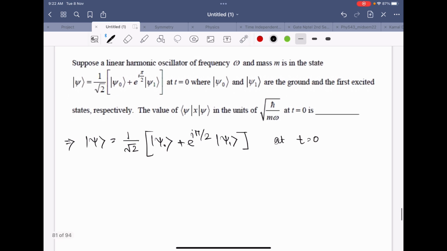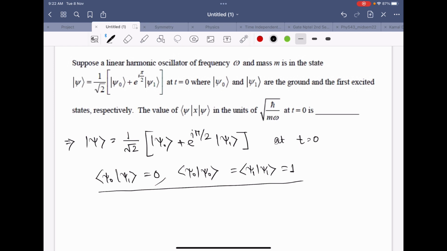Since they are the ground and first excited state, they would be orthogonal to each other. So these properties we need to keep in mind. The inner product of psi 0 and psi 1 is equal to 0, and psi 0 and psi 0 are orthonormal, so the inner product is equal to 1. That will come in handy.